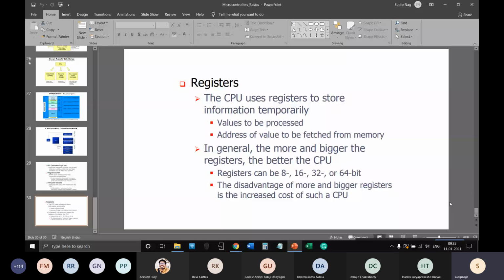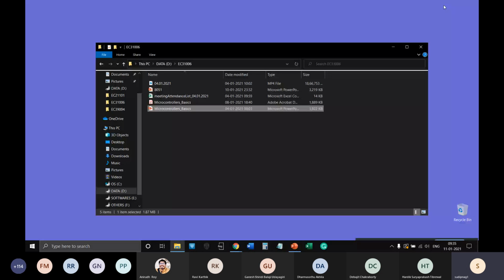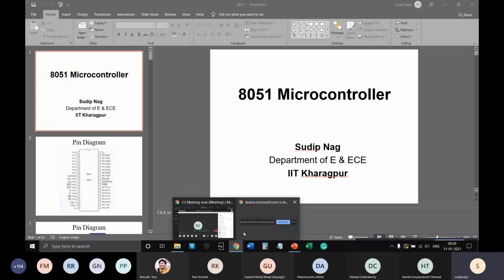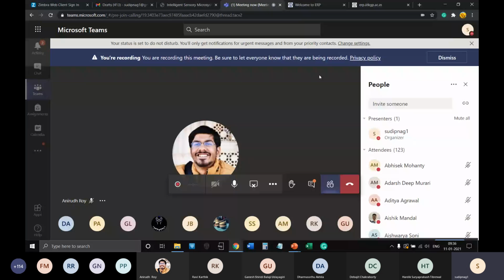Now I will start with the next topic, which is 8051. Before that, I'll open the datasheet instead of using the slide initially. Let me open Chrome.